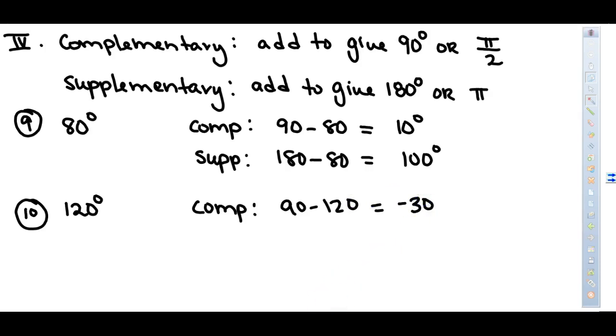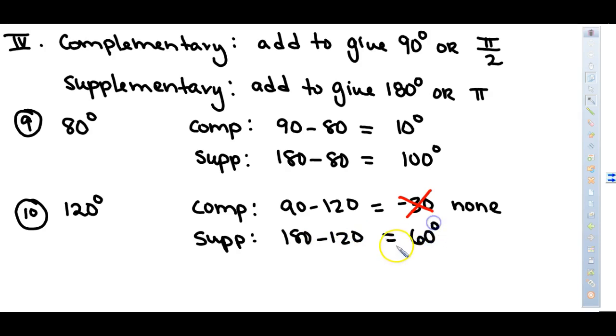And again, complements and supplements cannot be negative. So if that happens, you would just say none, that there is no complement to this angle. Now, you do have a supplement because when you subtract 180 minus 120, you do get a positive angle, and that is okay. So complements and supplements have to be positive angles.